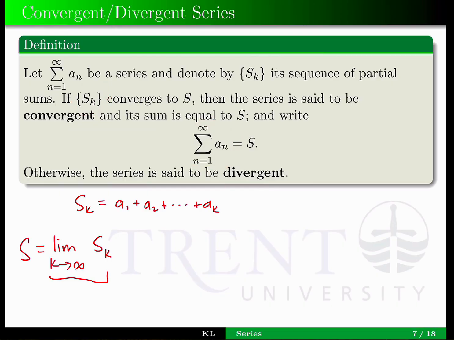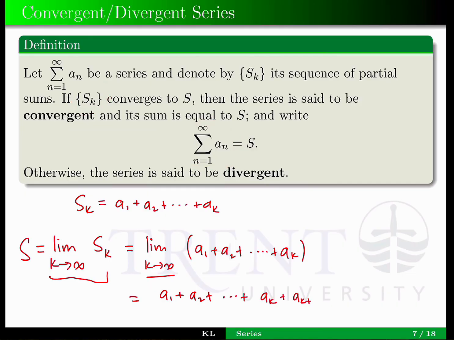But this one here means that you will have the limit as k approaches plus infinity of a1 plus a2 plus etc. plus ak, but you let your k approach infinity, so this will be equal to a1 plus a2 plus etc. plus ak plus a(k+1) plus etc. and so on and so forth. But this one is exactly your summation of a_n, 1 to infinity.